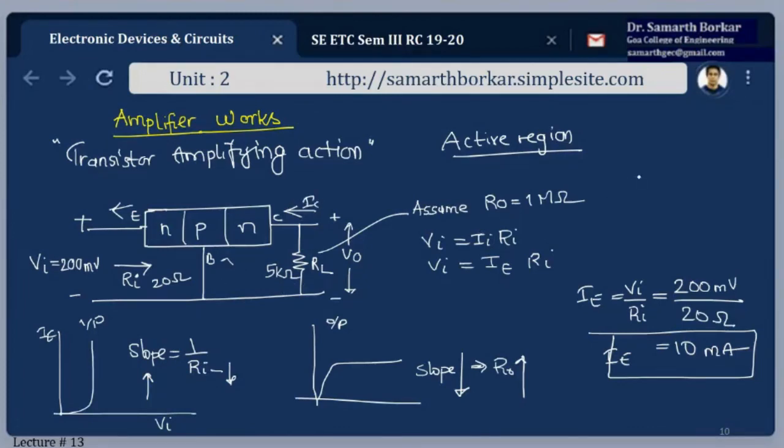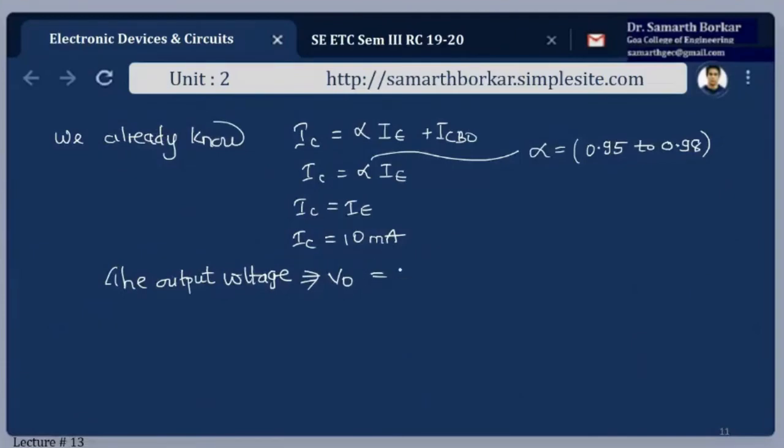Whenever we have a resistor and a current passing through it, it will drop a voltage equal to I into R. So I can write V naught as IC into RL. IC is 10 milliamperes. How much is the load resistance we have considered? 5 kilo ohms. So output voltage will be 50 volts.